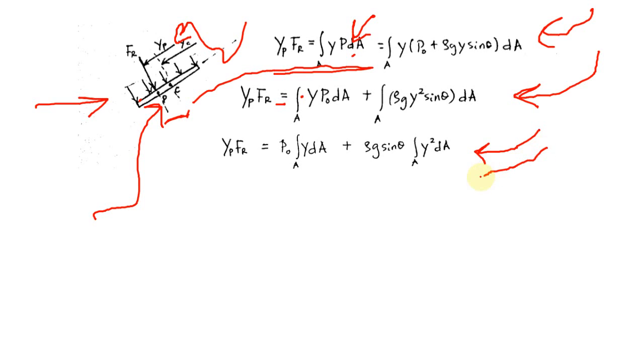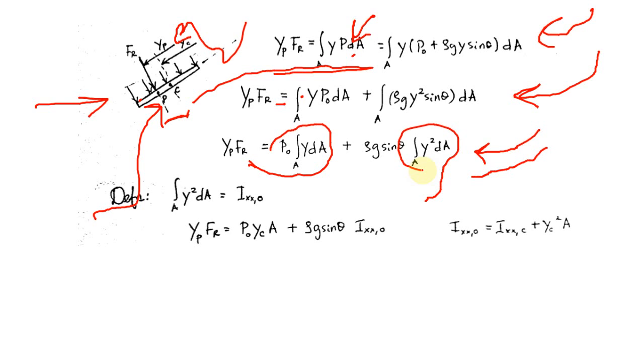And again, from our previous discussion, we have said that this integration of y dA relates with the centroid, and the integration of y squared dA relates with the second moment of inertia for an area.